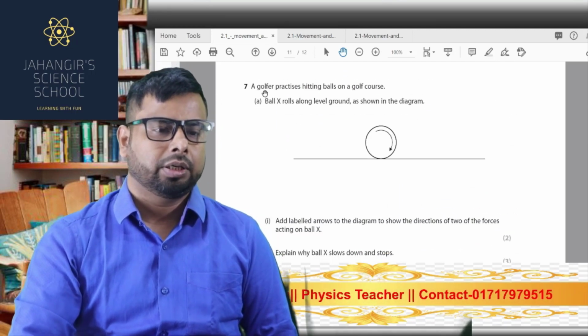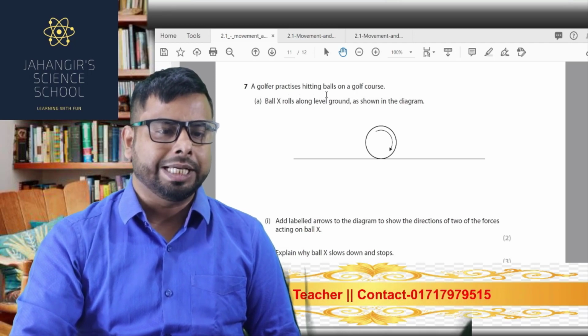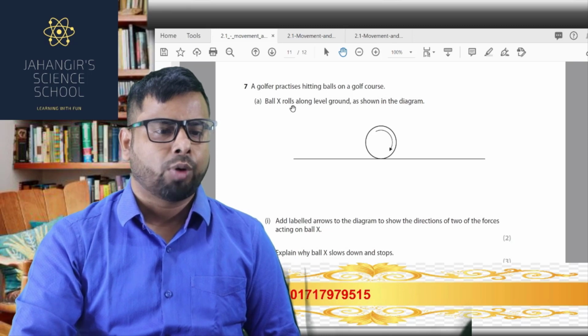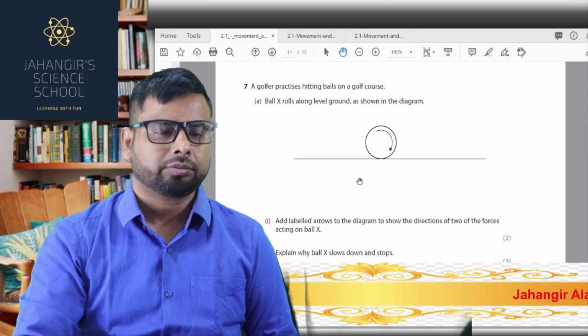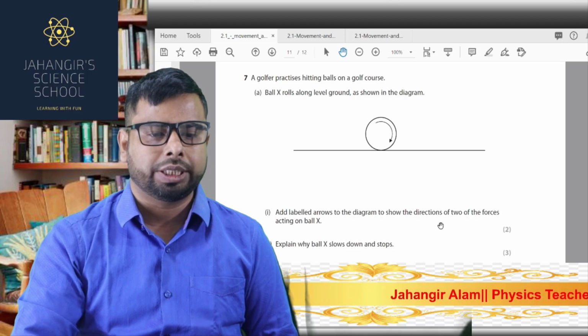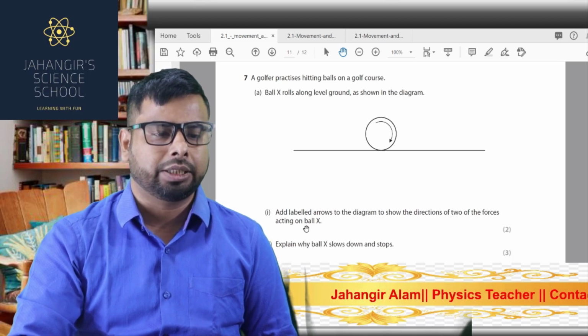Question number 7. A golfer practices hitting balls on the golf course. Ball X rolls along level ground as shown in the diagram. Add a labelled arrow on the diagram to show the direction of the two forces acting on the ball.